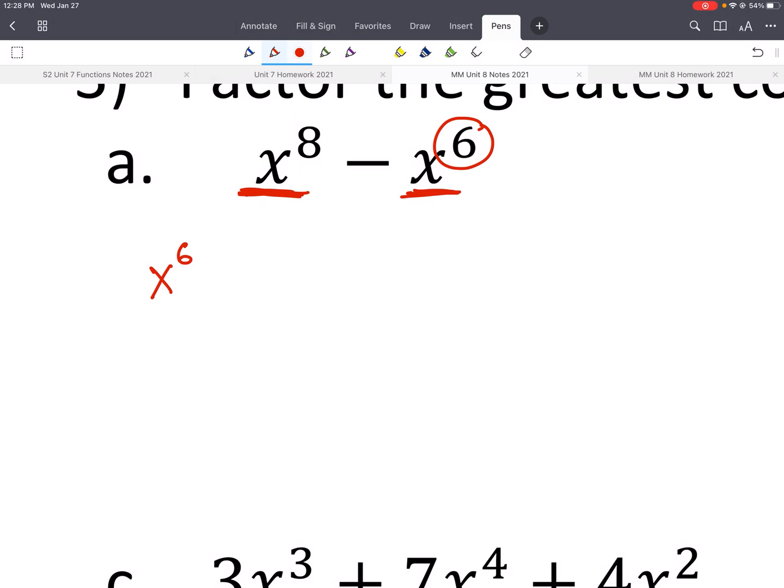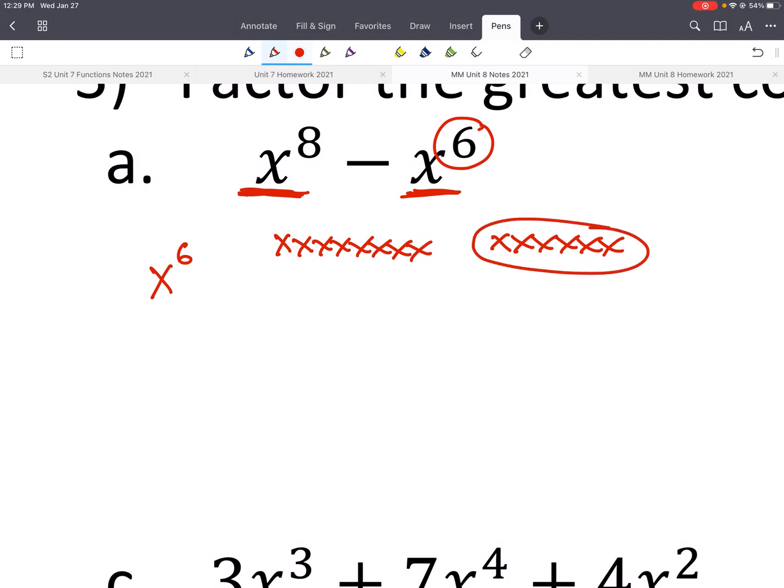If it helps, we can expand that out. Here we have 8 x's and 6 x's. How many can we take from both? We can only take 6, because you can't take 8 when there are not 8 x's in our second term.